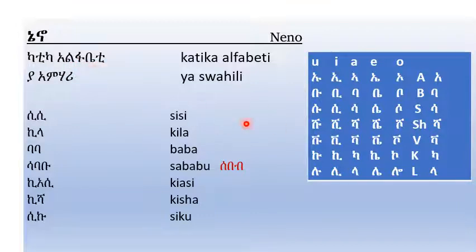Okay, B. Here is B. Alphabeti. Swahili also has it but they don't write it. Okay, now we go to C. We need Sa. Where is Sa? Here is Sa.